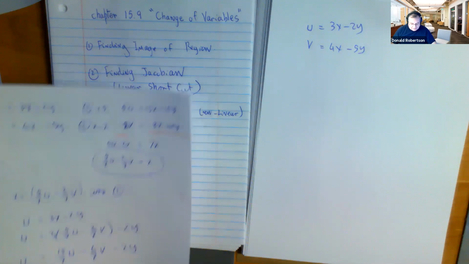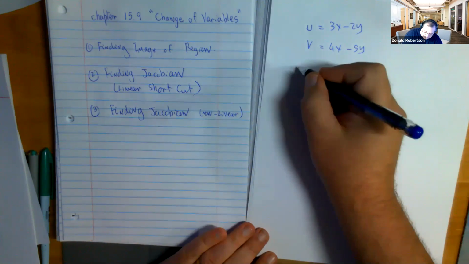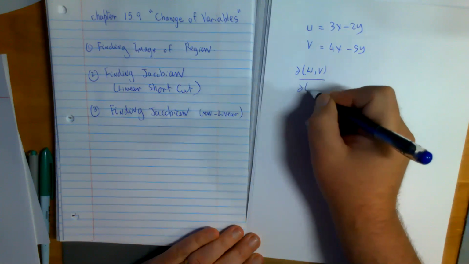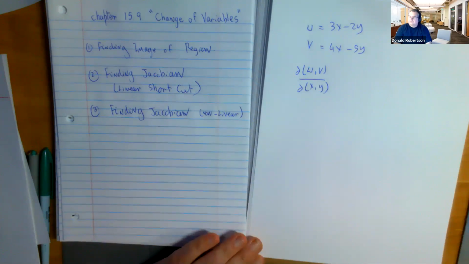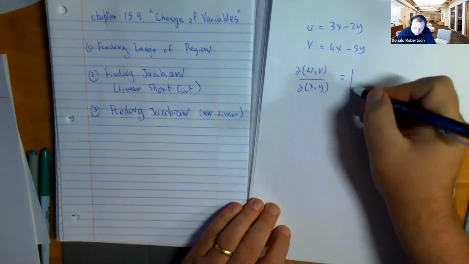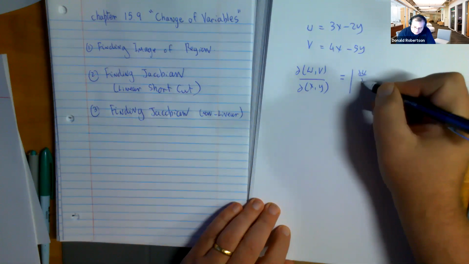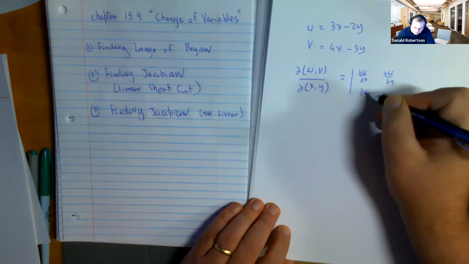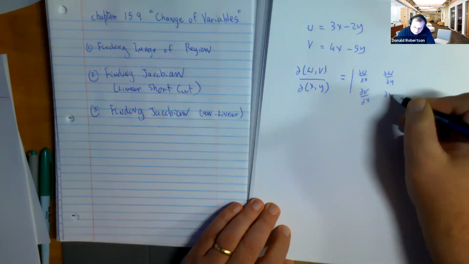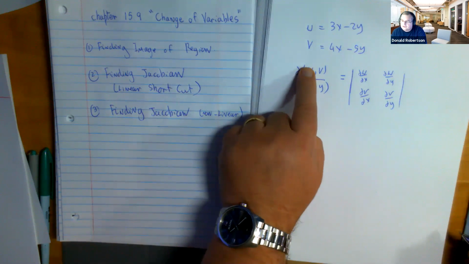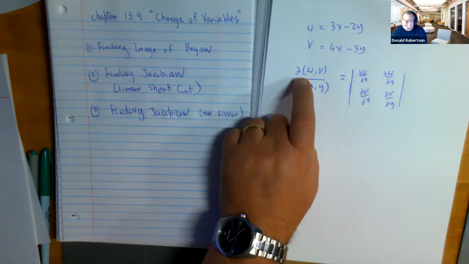And I am going to find a different Jacobian. Now, do you notice I've switched places? It's uv over xy instead of xy over uv.